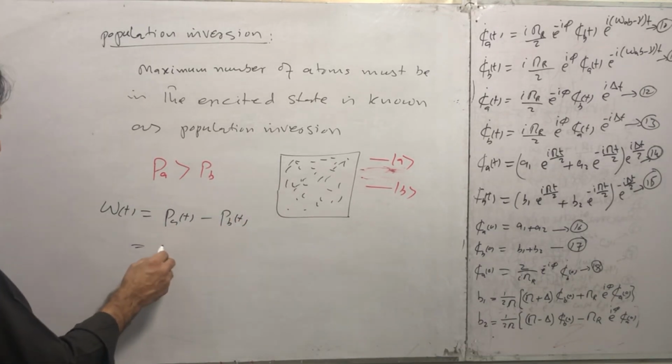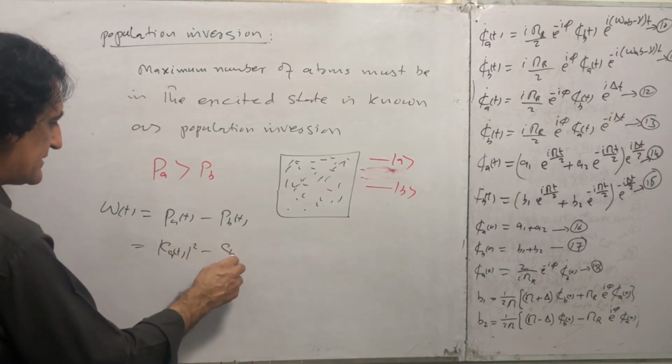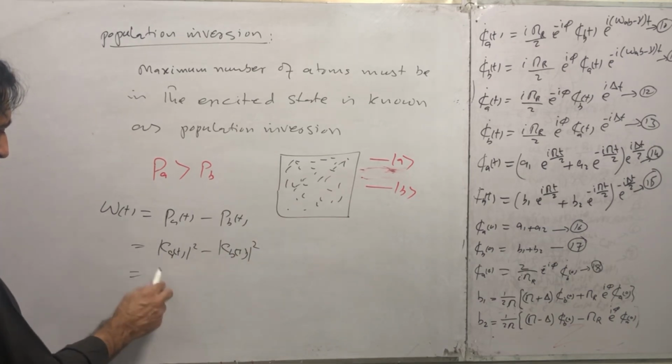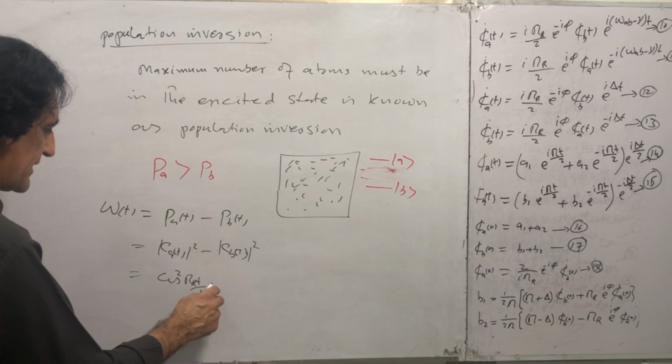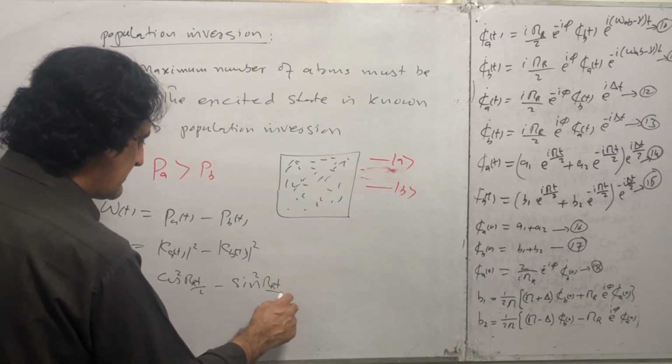And P_A(t), we know, is |C_A(t)| squared minus |C_B(t)| squared. And we know this is cosine squared of omega_r t divided by 2 minus sine squared of omega_r t divided by 2.